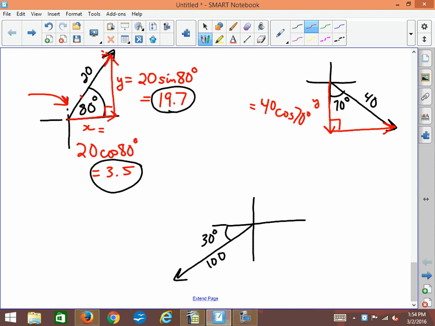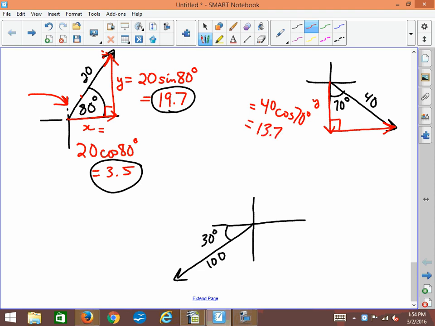In standard math, if your angle is in standard position, sine will always go with y and cos will always go with x, but in physics, our angles are often all over the place, so we have to remember it this way. Sine goes with whatever side is opposite the angle, and cos goes with whatever side is adjacent, and it might switch around on us like it has here. So I do 70, and I do cos, and I do times 40, and I get 13.7 for this guy.